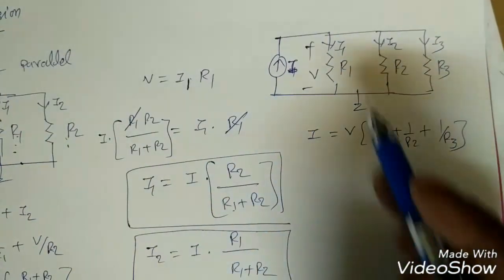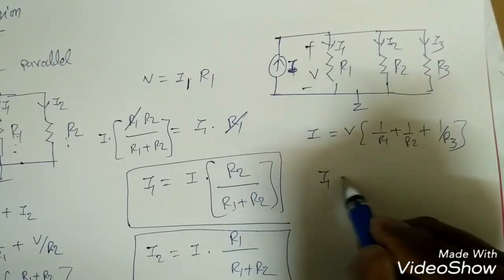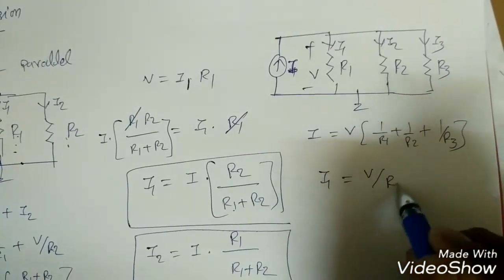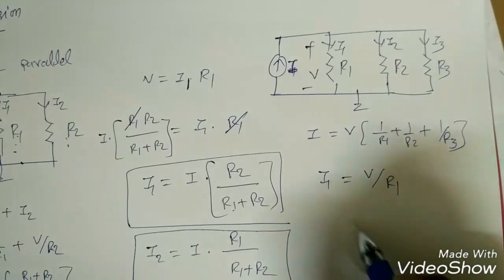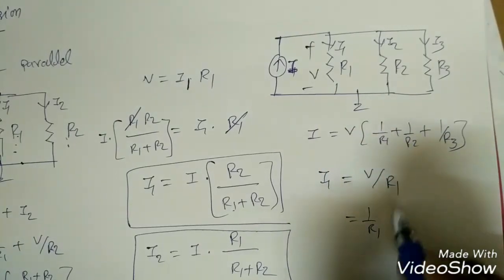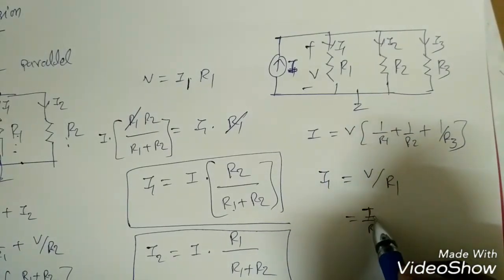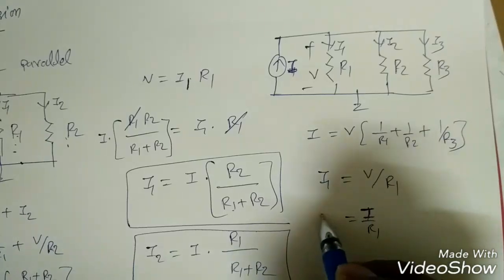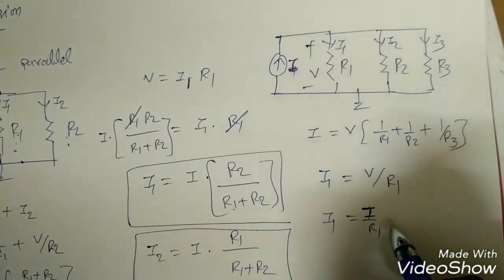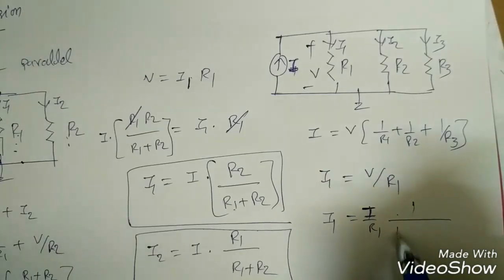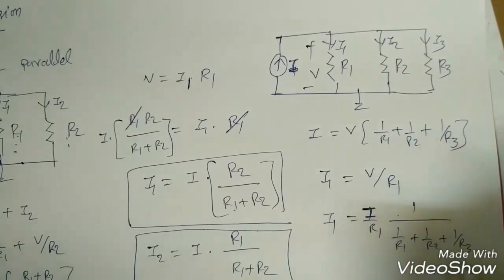Now if I want to find only I1, so I1 is equal to V by R1, right? If I substitute V here, that is 1 by R1 into the main current I, so I1 is equal to I into V, where V is I divided by (1 by R1 plus 1 by R2 plus 1 by R3).